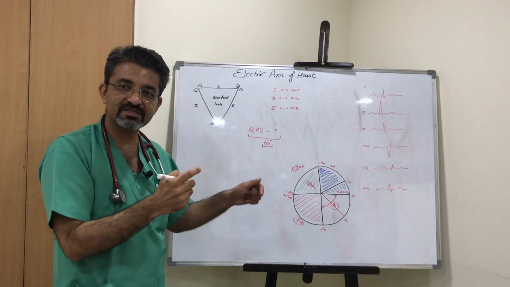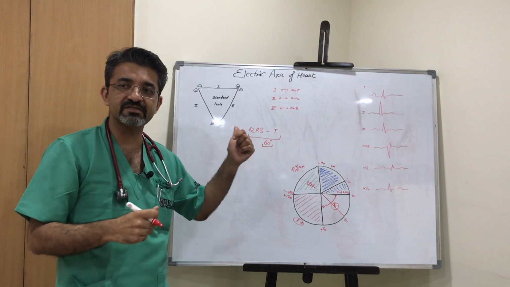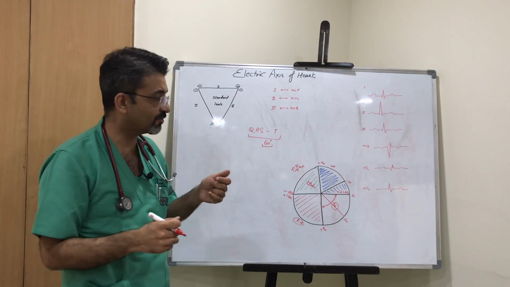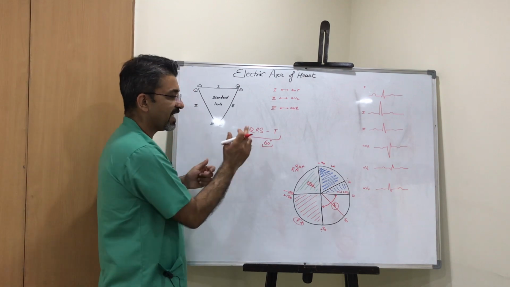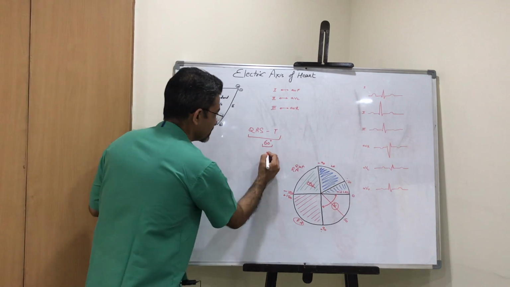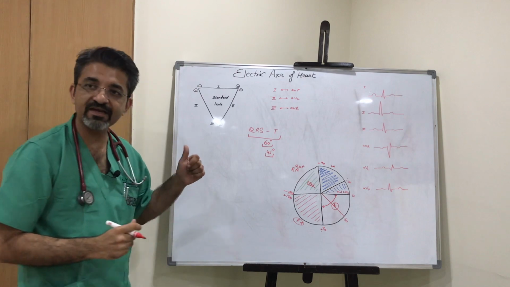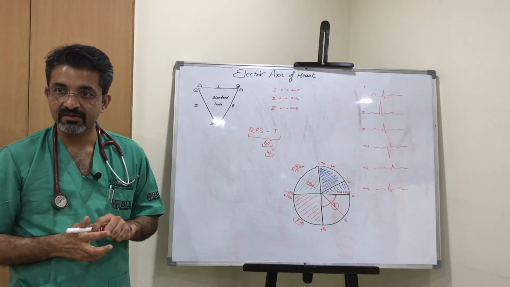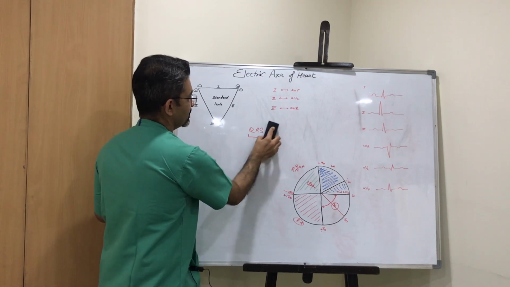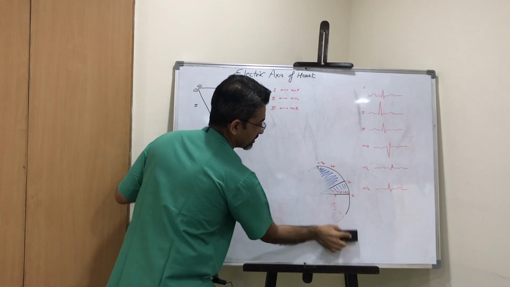If you want to understand how QRST angle is determined, it's of no practical significance, but you can go into Shamroth and read about it. But remember, the angle between QRS and T is 60 degree. Generally it is 45 to be very precise. The angle of QRST is 45, right? You cannot determine T wave axis independently.